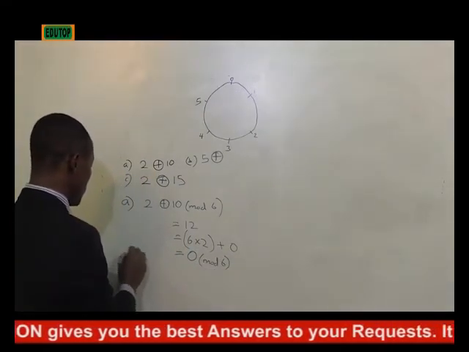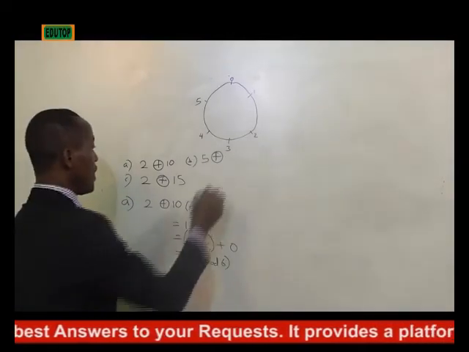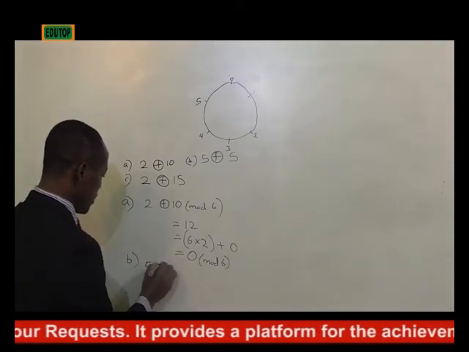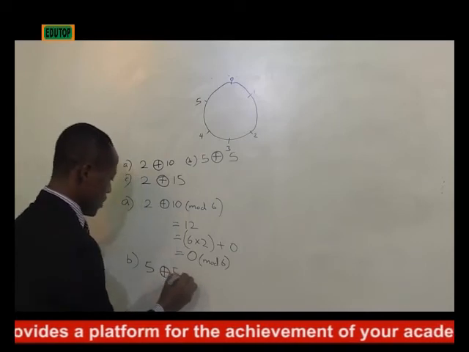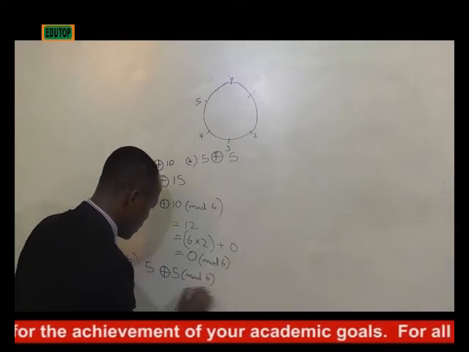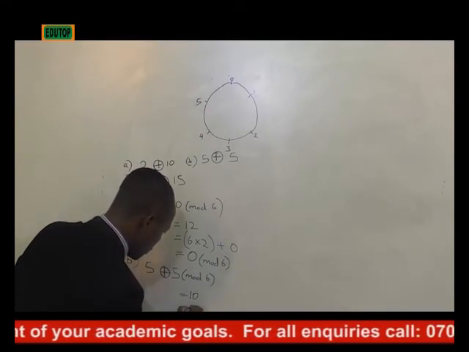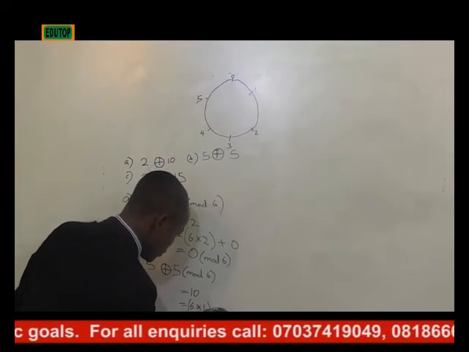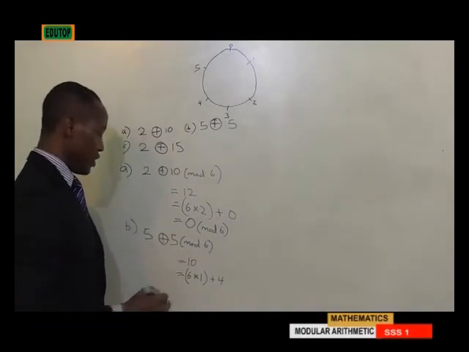For our B, that's 5 plus 5 modulo 6, which is 10, and that is also equal to 6 times 1 plus 4. 6 times 1 is 6, plus 4 is 10.